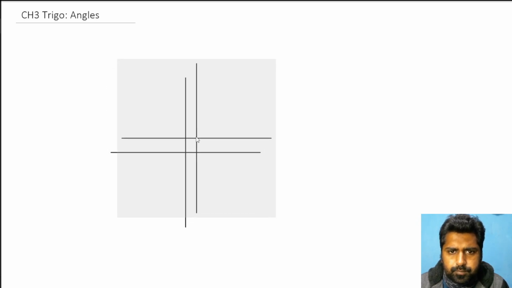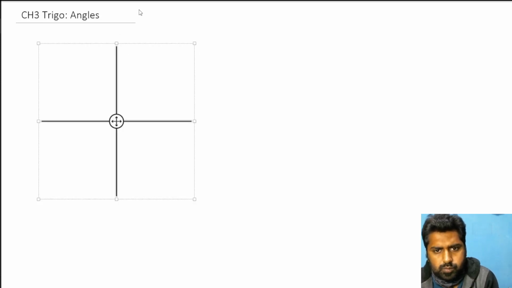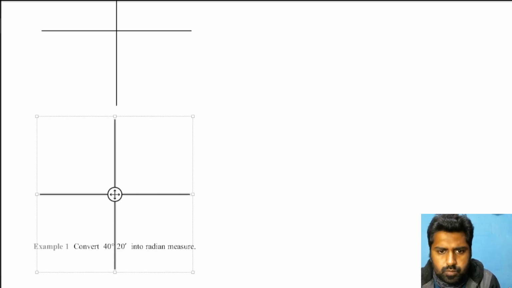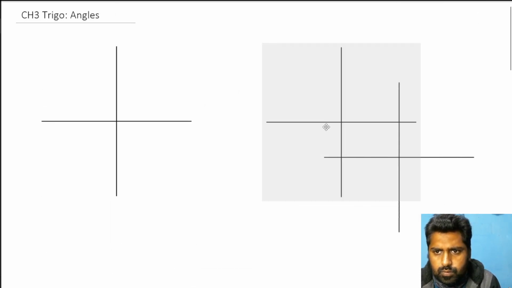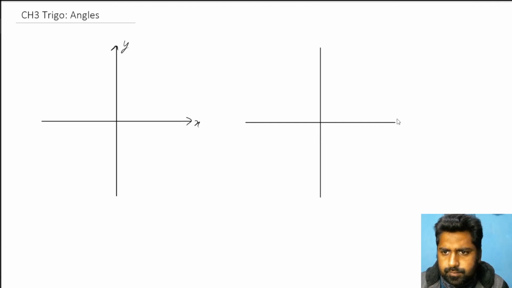So the first subtopic is angles. Let's study about the angles. I'll start from the fundamentals of the angles first of all. So let's draw the x-axis and y-axis first of all. So basic x-axis, y-axis.